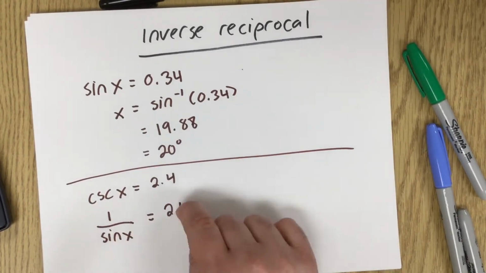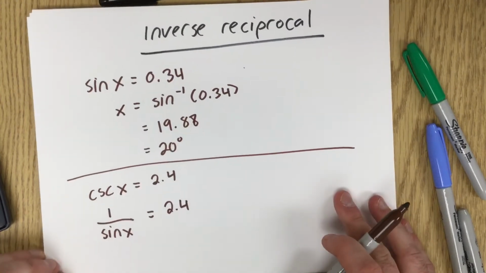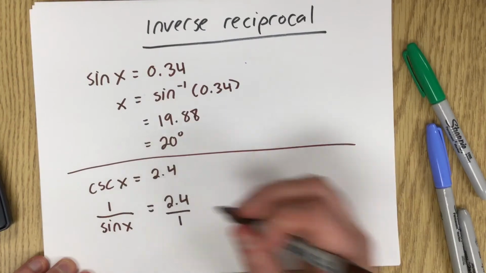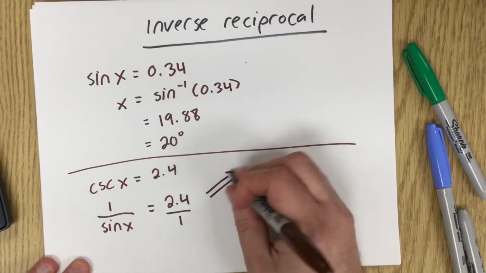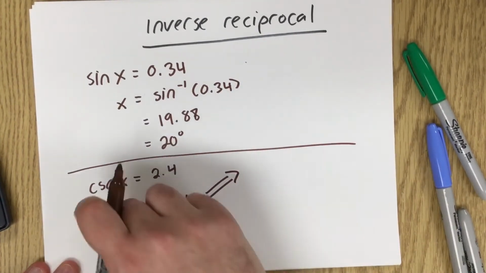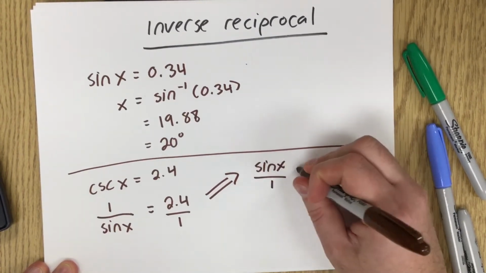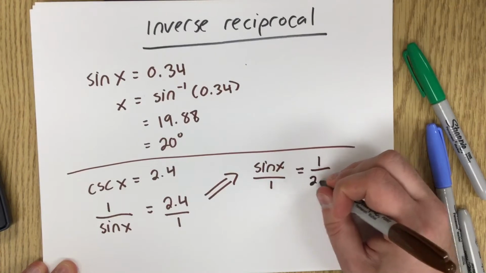You could bring the sine x over there and bring the 2.4 down there. That's very acceptable. You could also flip both sides, taking the reciprocal of both sides. Taking the reciprocal of the left, we get sine x over 1 equals 1 over 2.4.